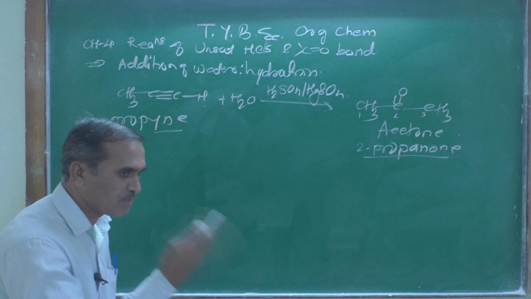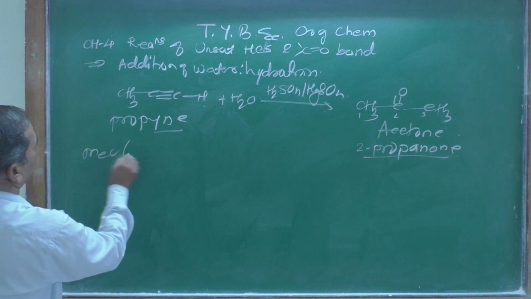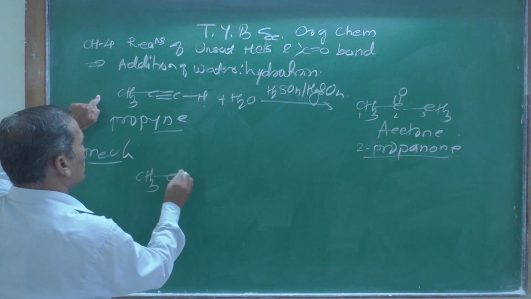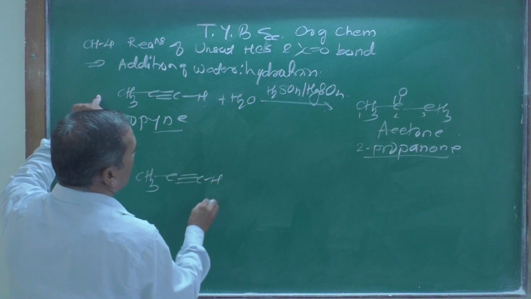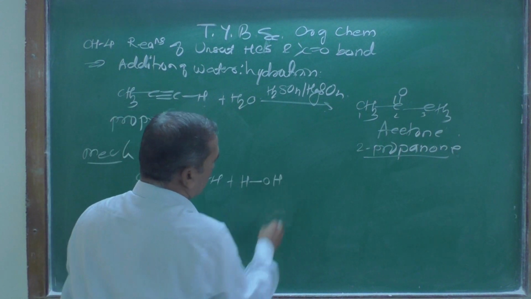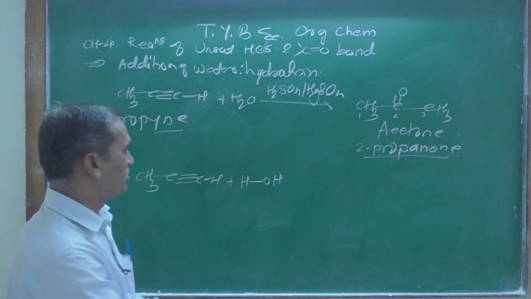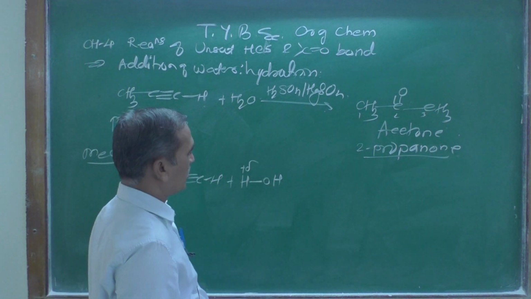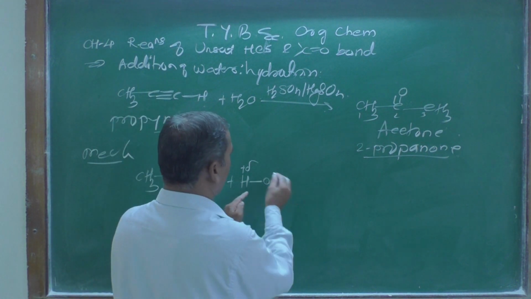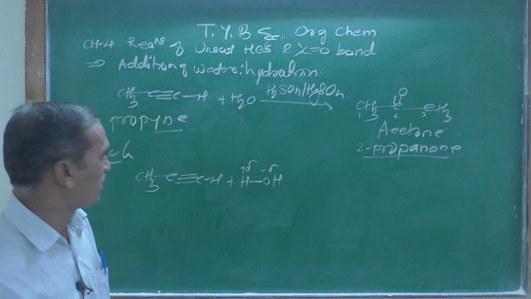Now let us see that mechanism again. Write down this one, CH3, C triple bond, CH, right? As we know, water we can write from a mechanism point of view like this, where the hydrogen atom gets a delta plus charge, whereas the hydroxy gets a delta minus charge.